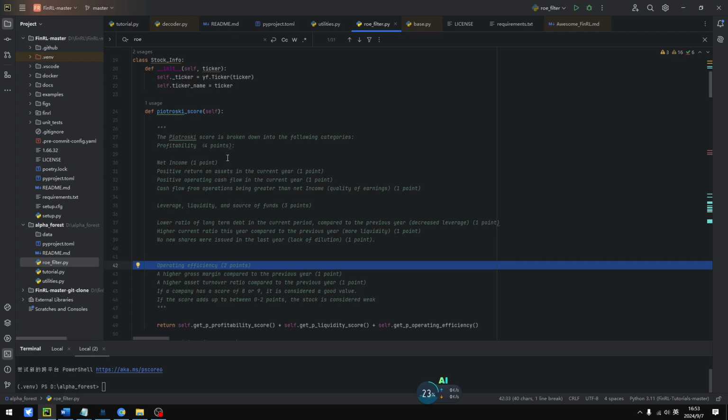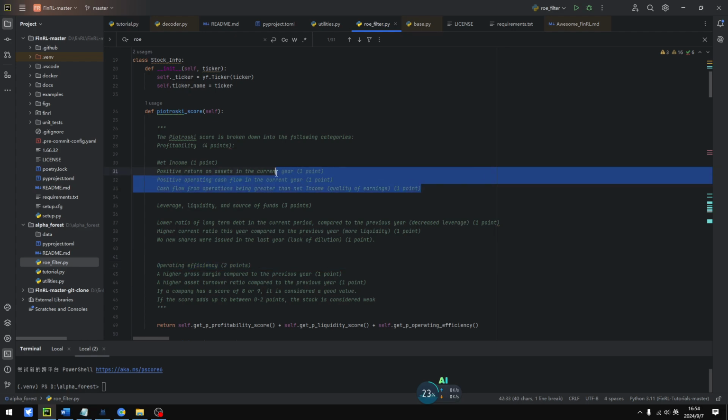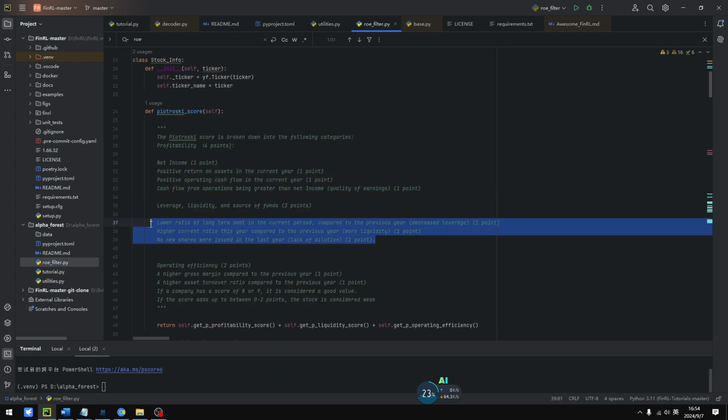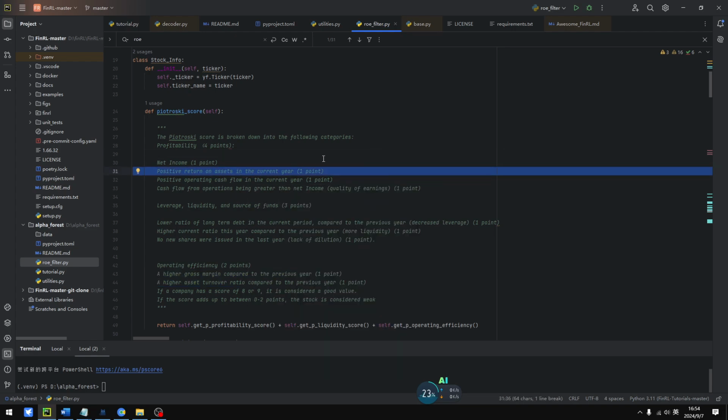Piotroski attached great importance to profitability. It gives 4 scores there, right? It gives 3 scores to the leverage, liquidity, and source of funds, and 2 scores to the operating efficiency.